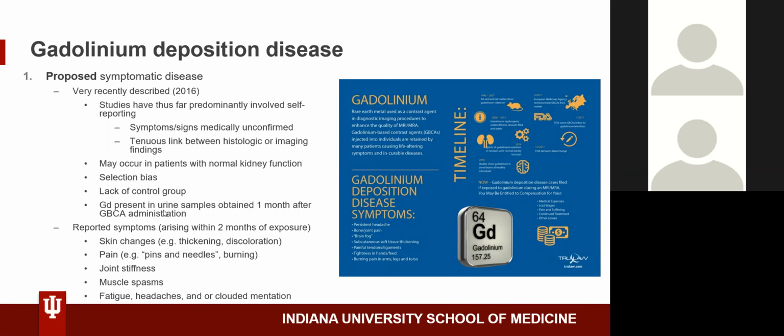So we know that gadolinium is depositing in the body. It's still being slowly released from the body some month or months after administration. And then the patients report symptoms, usually arising within a couple of months of exposure, like skin changes, pain, joint stiffness, muscle spasms, fatigue, headaches, clouded mentation.